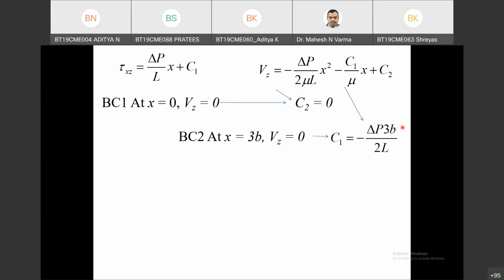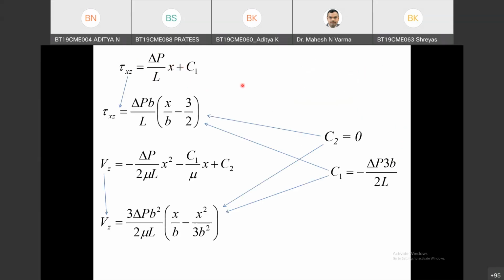B is coming or not? Yes, sir, B is there. Okay. Now substitute this C1 and C2 here, get the velocity profile. Substitute this C1 here, get the flux profile. So this is C1 and C2. So you will get a flux profile.